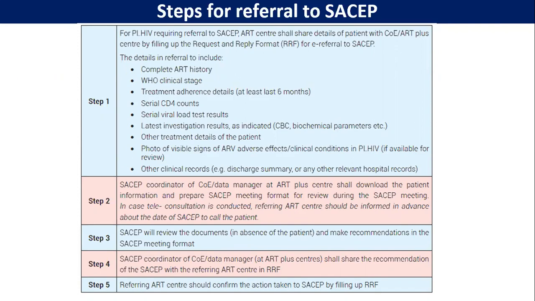Why are the other treatment details of the patient, latest investigation results and the photographs of visible signs of ARV side effects important? Suppose the patient has developed a rash with, say, zidovudine, but this rash is grade 1 or grade 2, and we have stopped the zidovudine and shifted the patient to, say, tenofovir or abacavir.